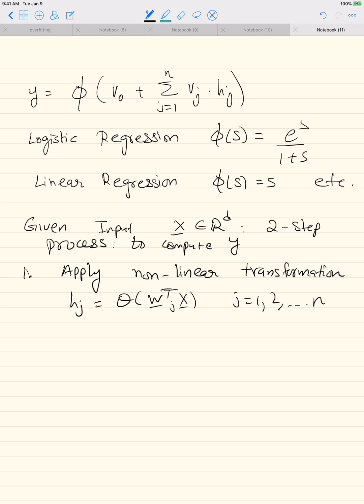So the weight vector is multiplied with the input vector, and then we apply the nonlinear transformation at each hidden node.